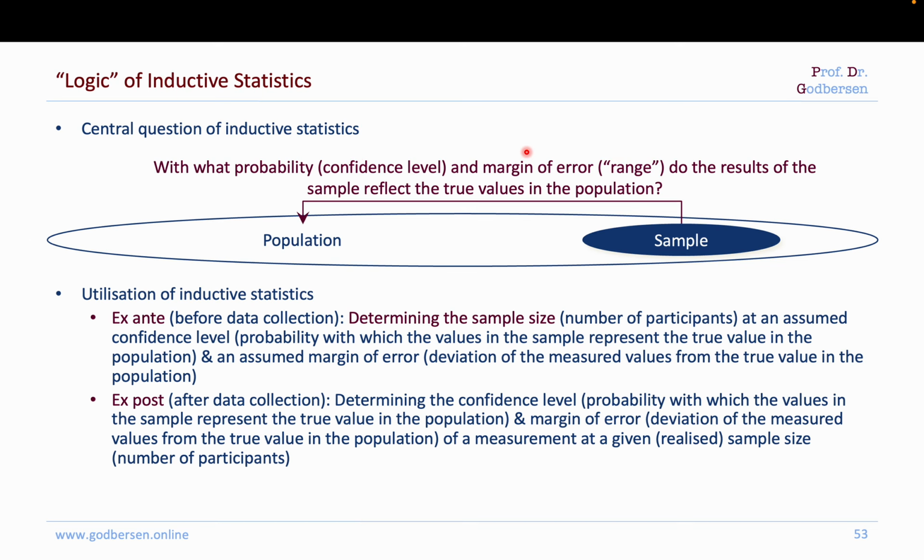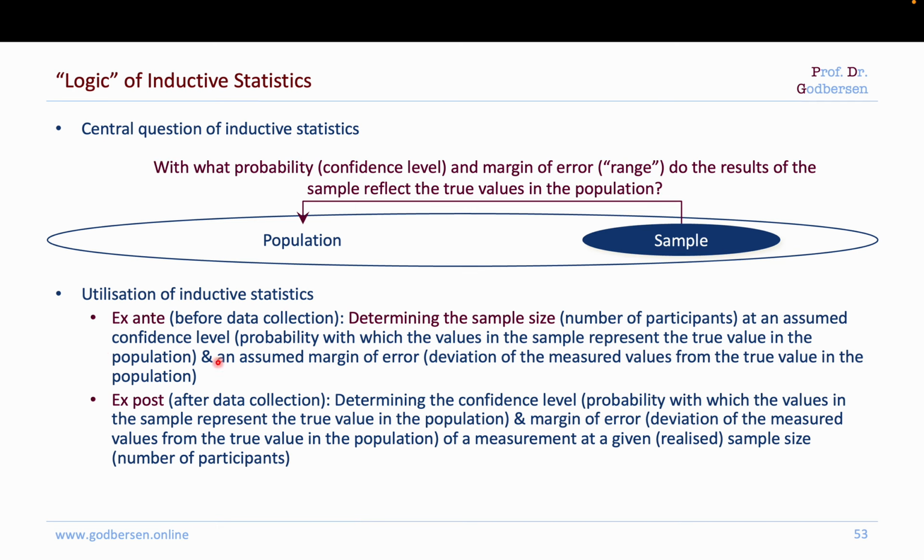You can use inductive statistics in two ways: ex ante and ex post. Ex ante, before you collect the data. Then your objective is to determine the sample size. How many participants do we need?